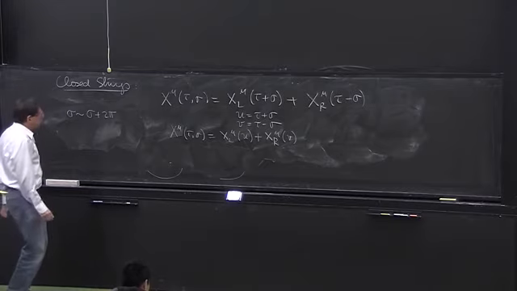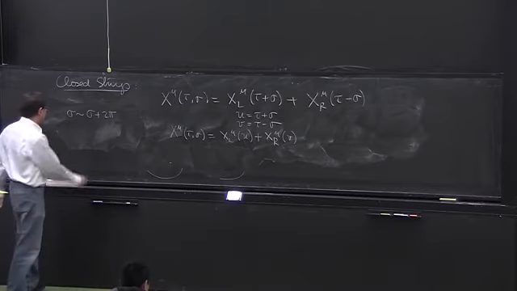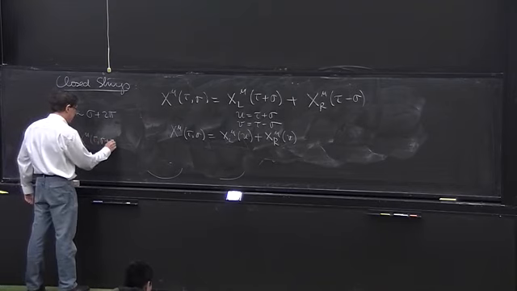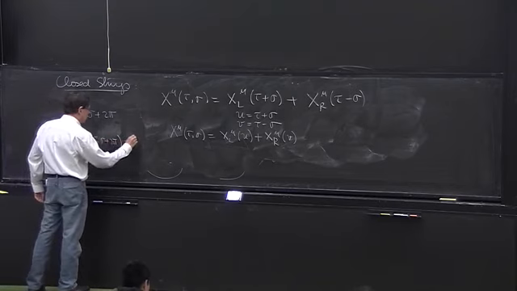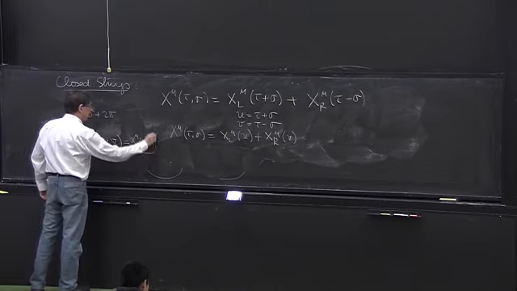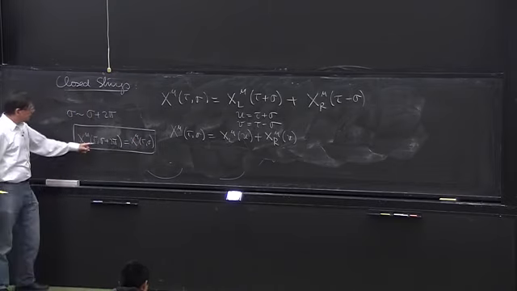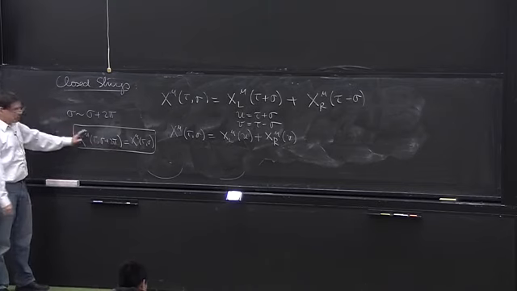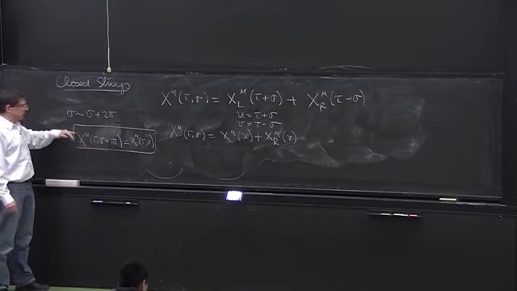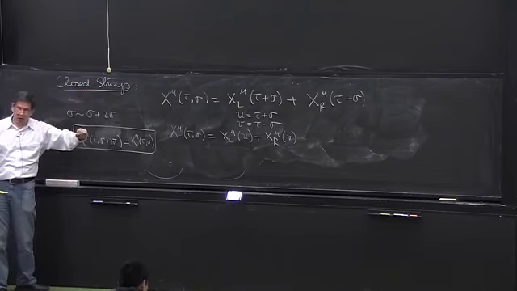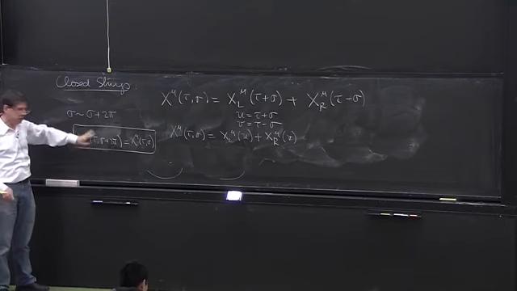So we want that x mu of tau, sigma plus 2 pi be equal to x mu of tau and sigma. After you run through the closed string, you're back to the same point. This is perfectly okay if this x coordinate is a non-compact coordinate. If it would be a compact coordinate, something can change, but we'll leave it there for the moment.